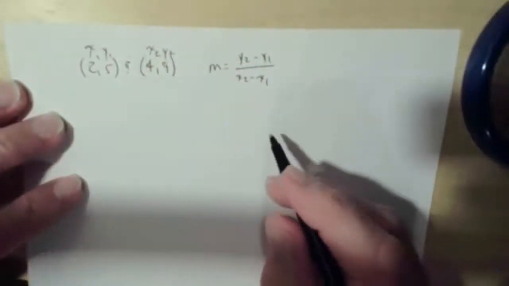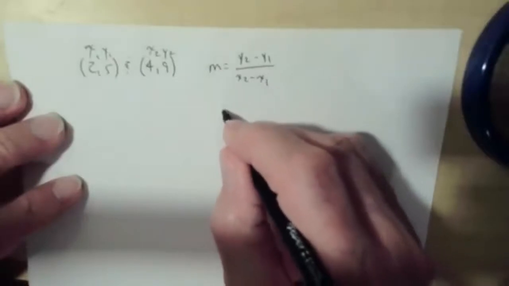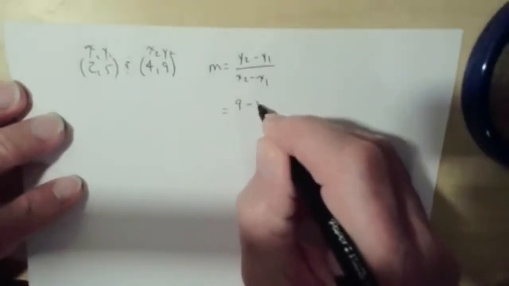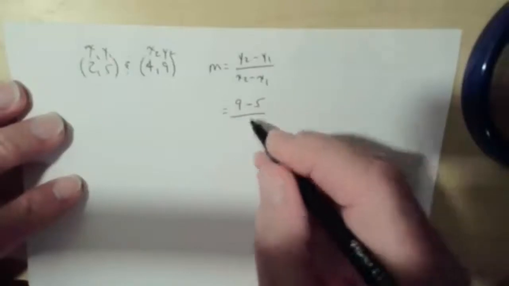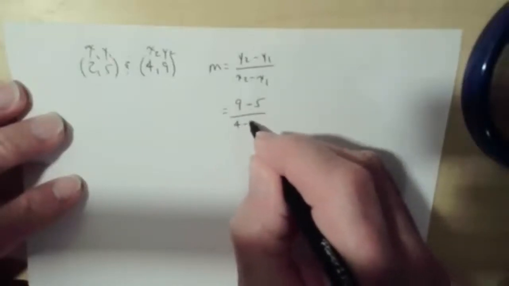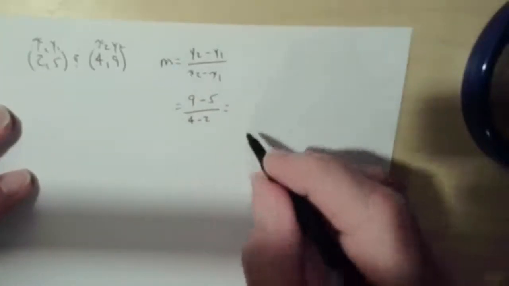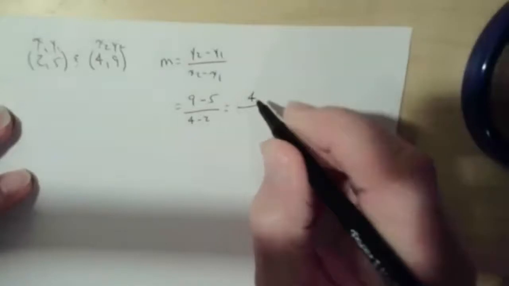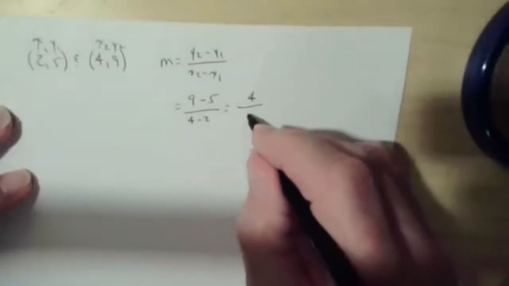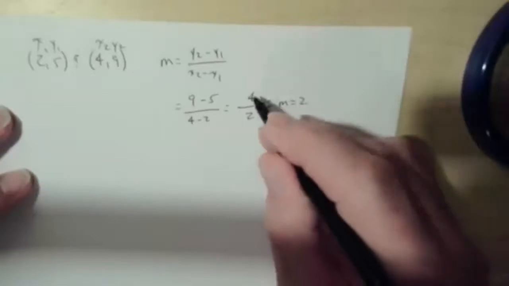The y2 is 9 minus 5 over 4 minus 2. Okay, 9 minus 5 is 4. Over 4 minus 2 is 2, I think. So our slope here is 4 divided by 2 is 2.